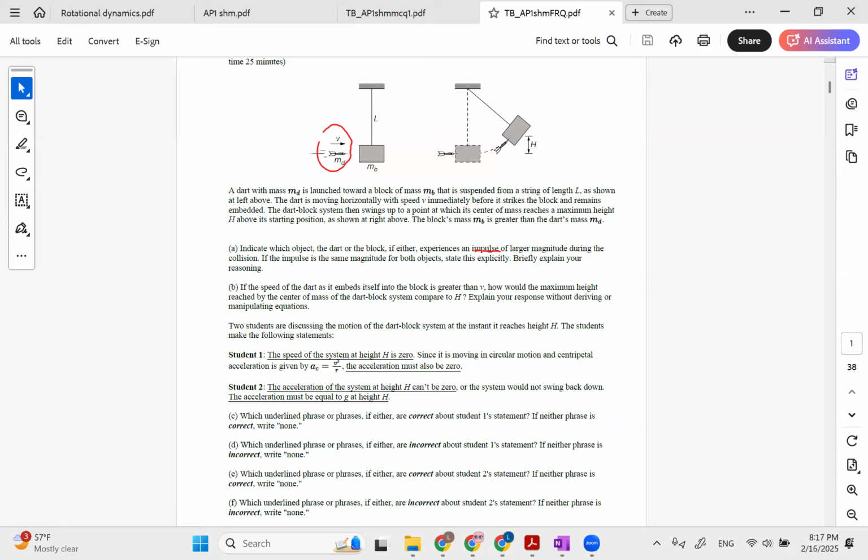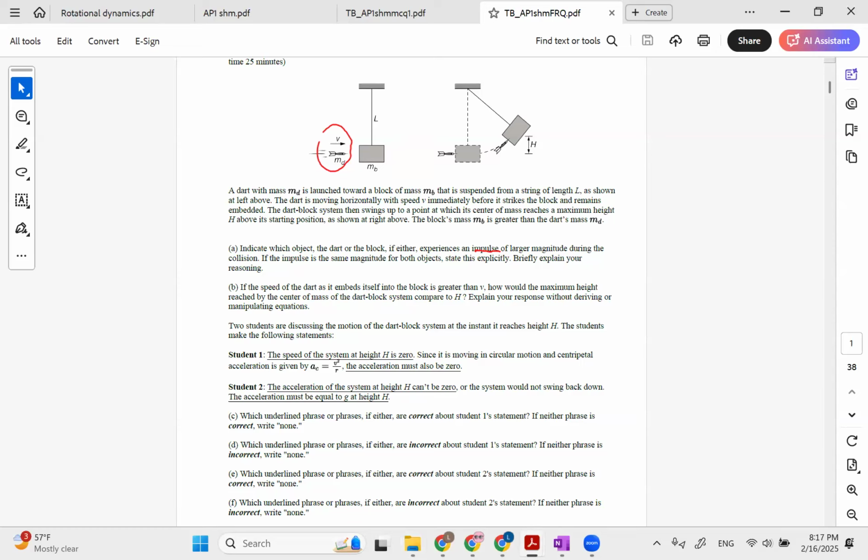Change in momentum. Yeah, change in momentum. And what does impulse depend on? Remember, it's force times delta t, right?